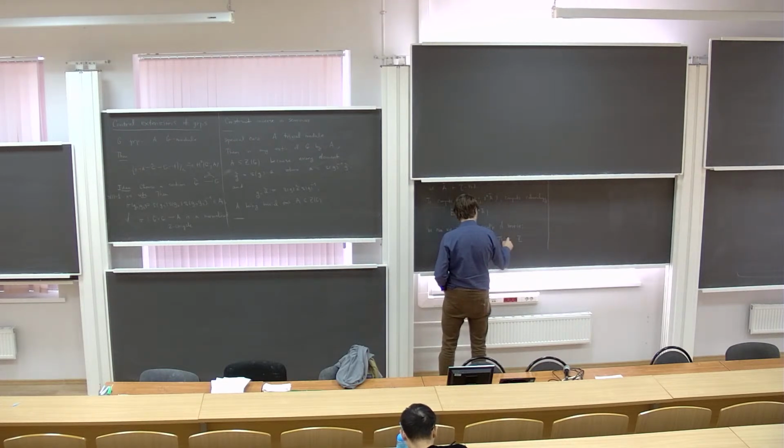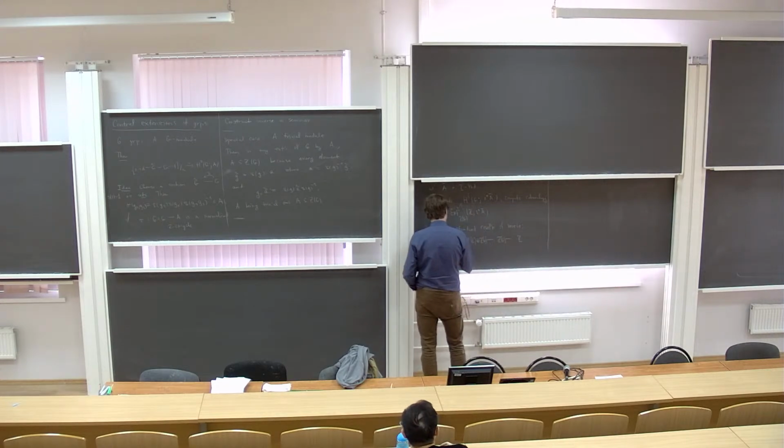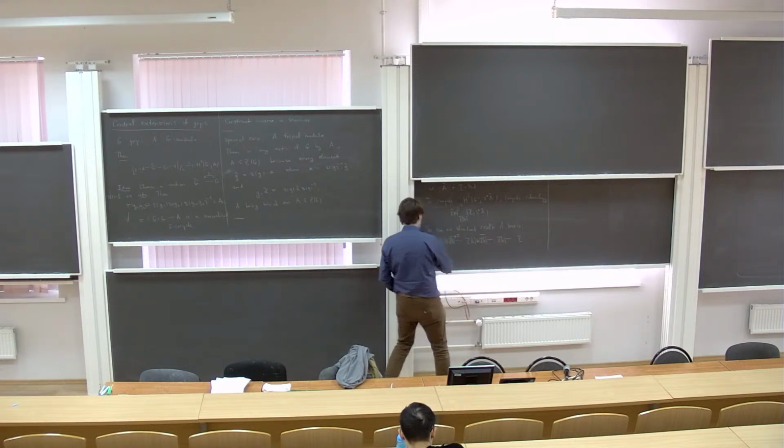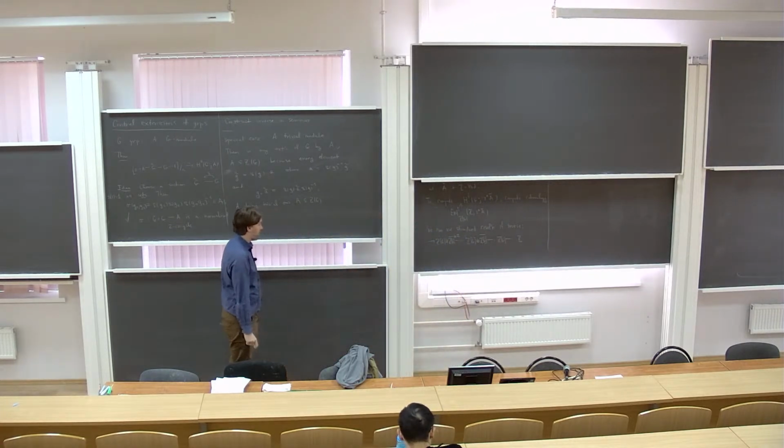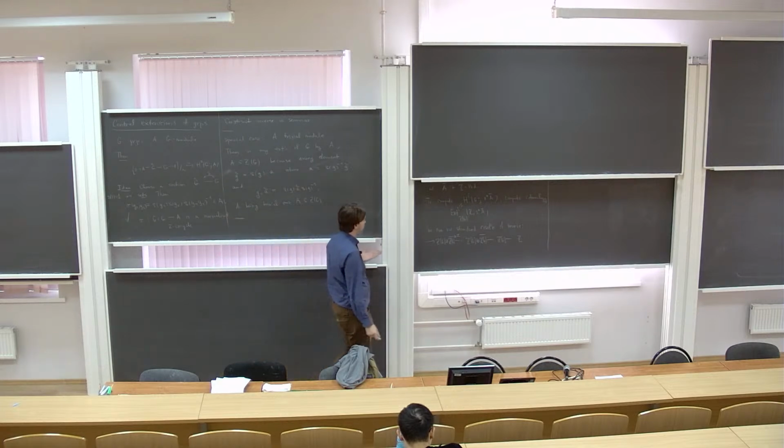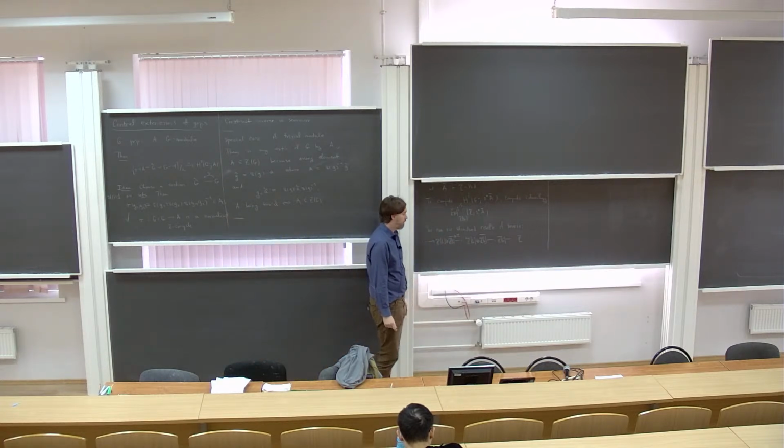There's 0 copies, 1 copy, 2 copies. So if I'm doing the reduced, I would put the quotient by 1 inside of there. And then 2 copies, and so on, with some explicit differential that we wrote down last time. It doesn't matter so much right now, just it's important that it has this form.